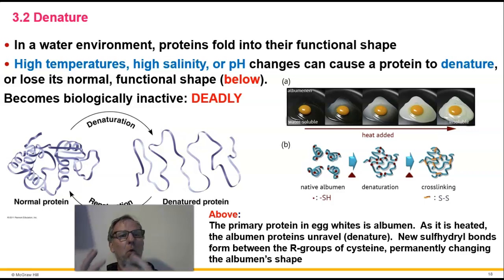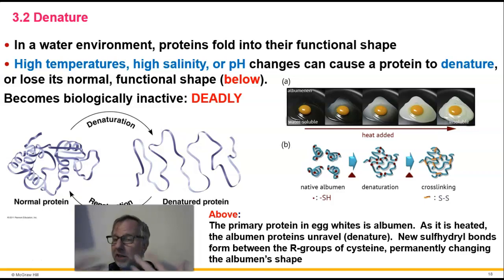Now, in a normal watery environment of cells, proteins fold and twist into their functional shapes all by themselves. Well, kind of all by themselves. We'll come back to that in the next slide. There are certain environmental factors, variables, that can cause a protein to change its shape and not work anymore.